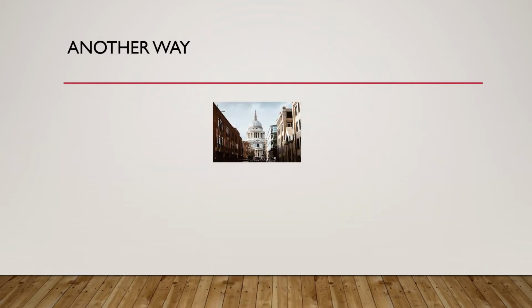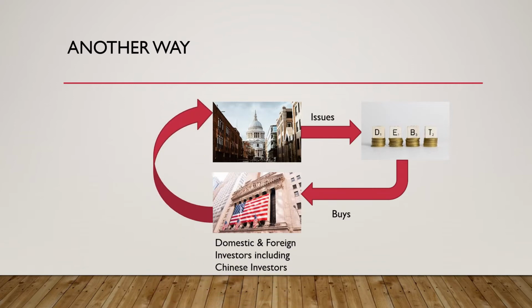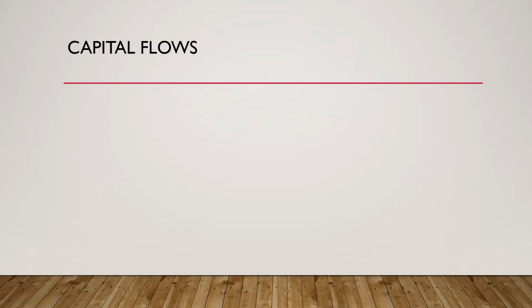Another way in which the government can fund its increased deficits can be through debt, which can be bought by both domestic and foreign investors, including the Chinese investors, of course, who will credit the money in the account of the US government. Also, let's understand how the capital flows will occur.